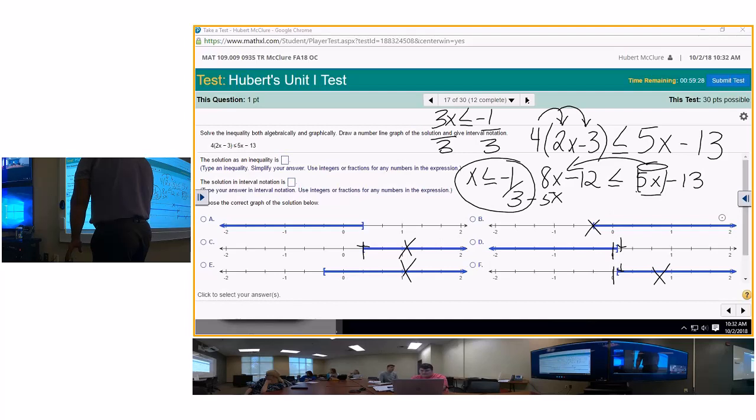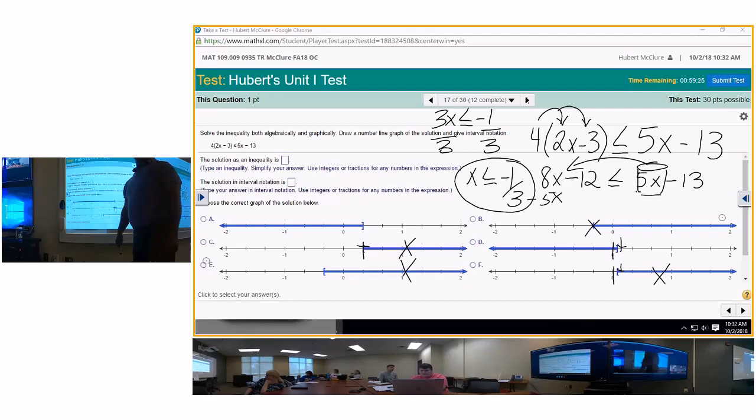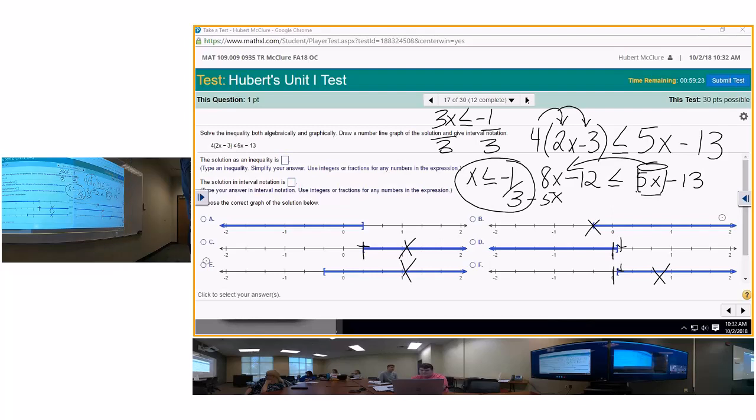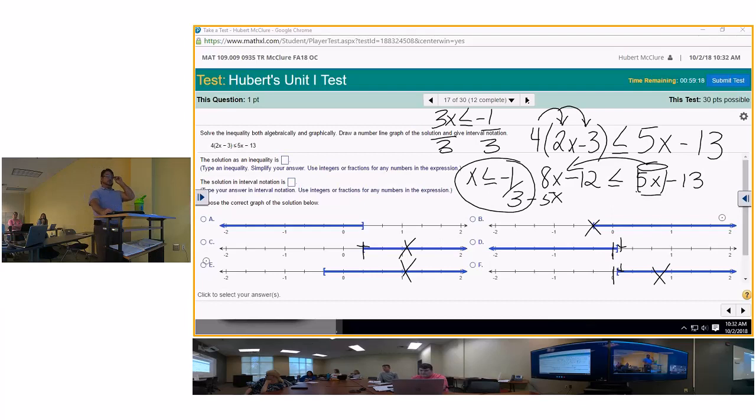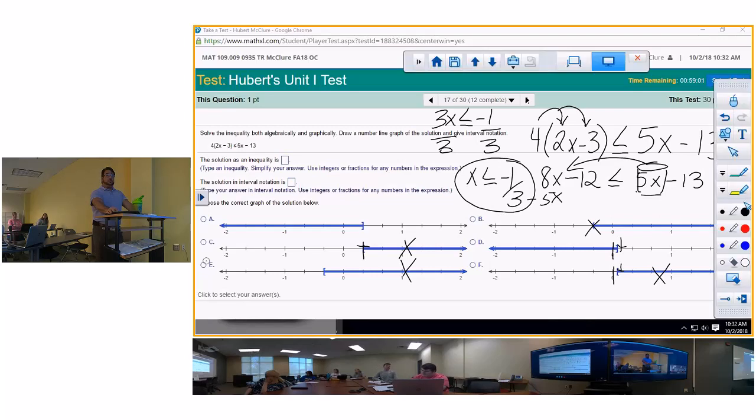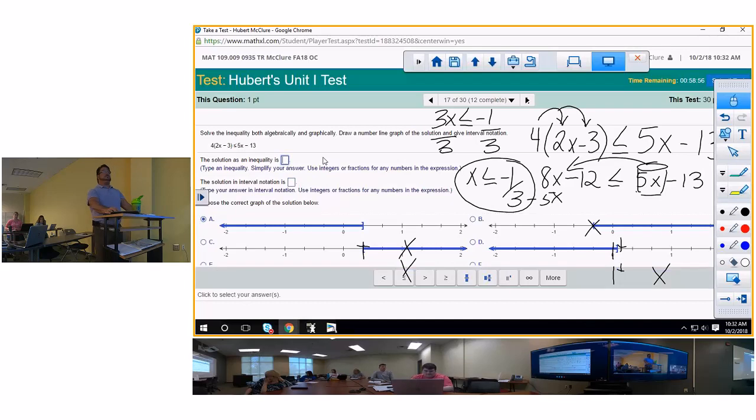I think A is the correct answer, but it's incorrect. What do y'all think? Why do I say A is the correct answer? Because it's the only one with a bracket on 1/3 and it's going to the left. Now, is it on the wrong 1/3? Yes. But do you want to get the answer right or wrong? I think it's A. What do y'all think? Probably. Yeah. Okay, now let's put the correct answer. We'll put that there. And then somebody mark this, number 17, so we can come back and look at it, see if we got it wrong.